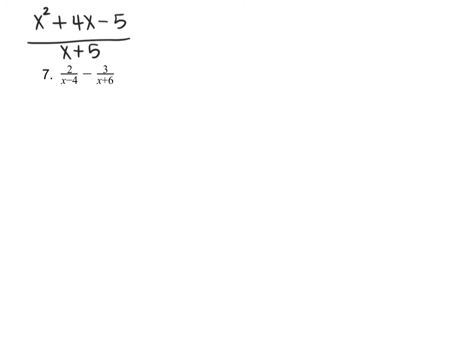Okay. Our last example, we have 2 over x minus 4 minus 3 over x plus 6. So we don't have common denominators here, which means we're going to have to find our LCD. And since each denominator is a single expression, the LCD is both denominators, x minus 4 times x plus 6.